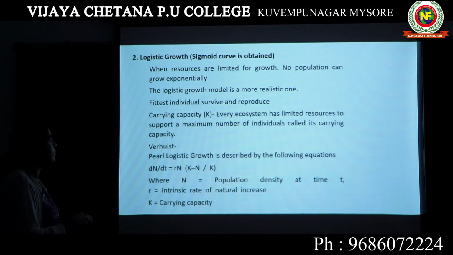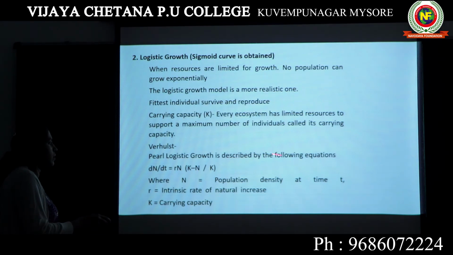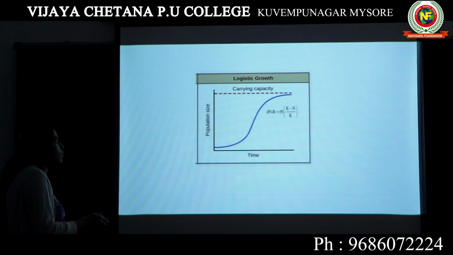So the equation for logistic growth is dN by dt is equal to rN, K minus N divided by K, where everything else remains the same as the exponential growth equation.